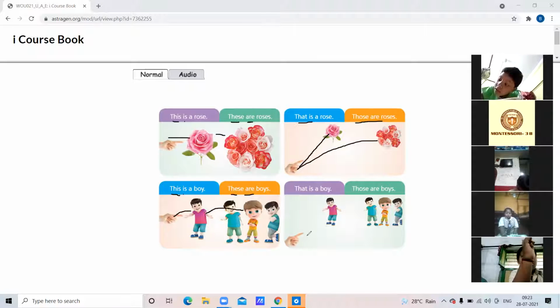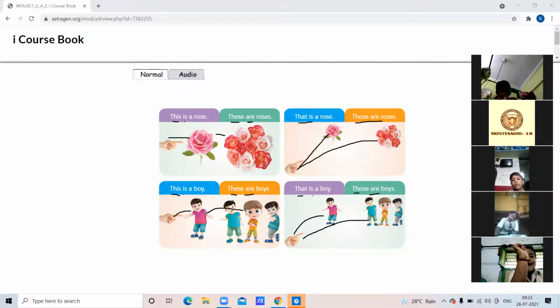Now the boy who is standing far away from us, what will we say? That is a boy. And the boys who are many, three in number, standing far away from us, we will use those are. Those are boys. So these are the differences between these and those.